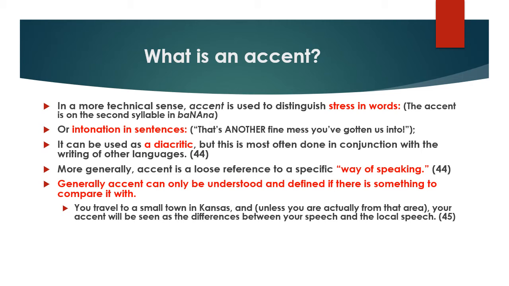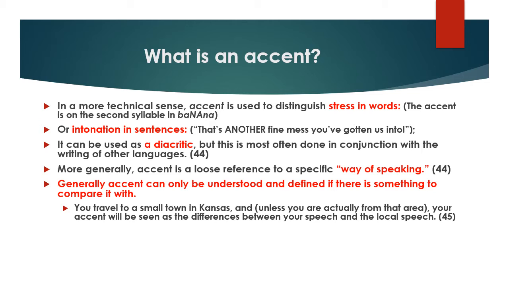And the writer is also telling us that accent as a concept in this way can only be understood if you compare it with someone else. So you travel to a small town in Kansas, and unless you're actually from that area, your accent will be seen as the difference between your speech and the local speech.